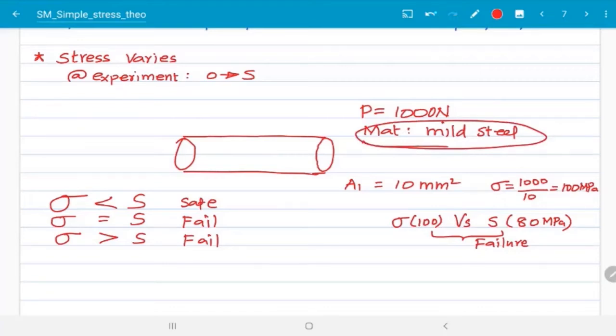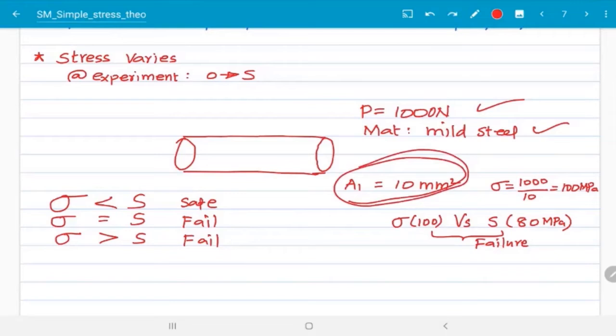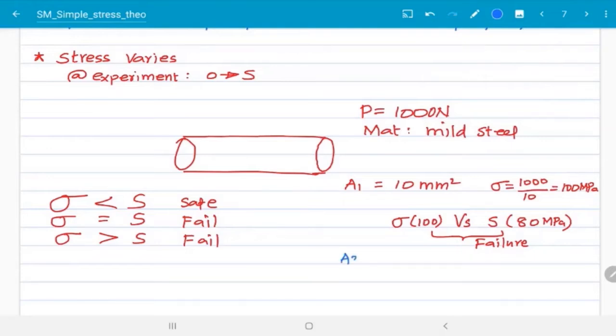So the only thing you can change is the cross section area. Okay, sir. I cannot change the load. I cannot change the material. I can change the cross section area only. So what will I do? I will go for the next iteration. A2 is equal to 20 mm square.